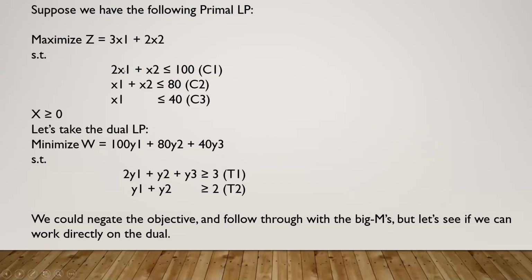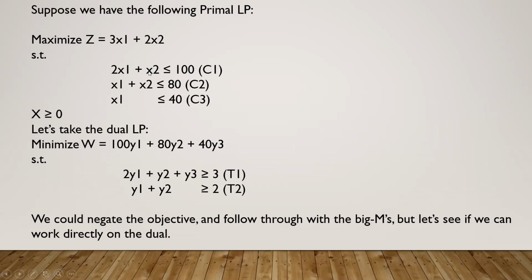My first constraint for the dual problem will become 2y1 plus 1y2 plus 1y3, because this is a maximization problem, more or equal, and the cost becomes the right hand side, more or equal to 3.